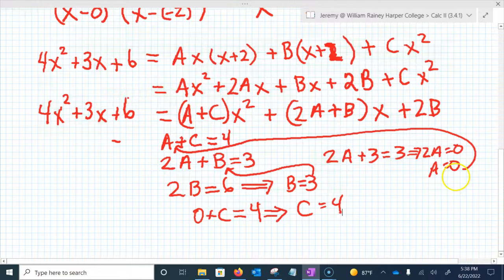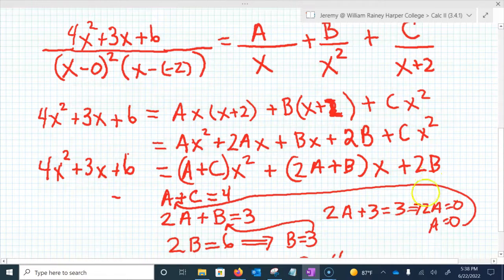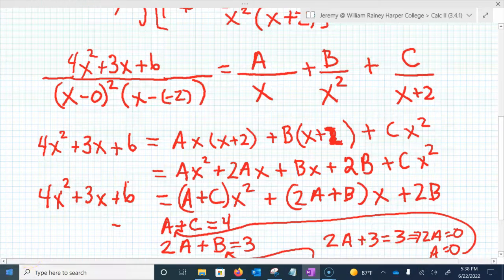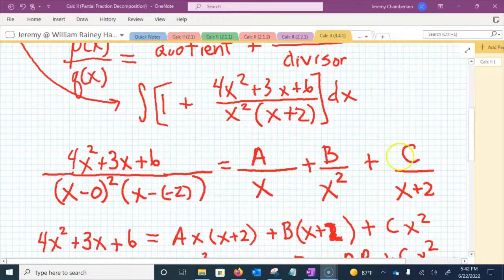So now I can rewrite that original integrand. So I've got a is 0, c is 4, b is 3. Okay. All right, so here's our original integral. When we did long division, we got a 1, and then we got this leftover business here.